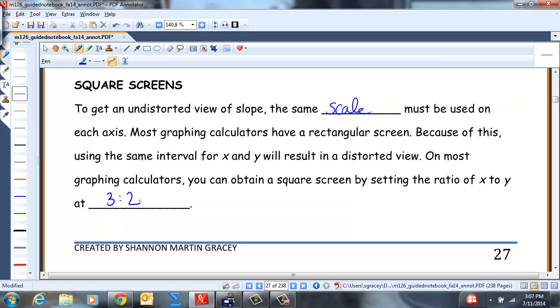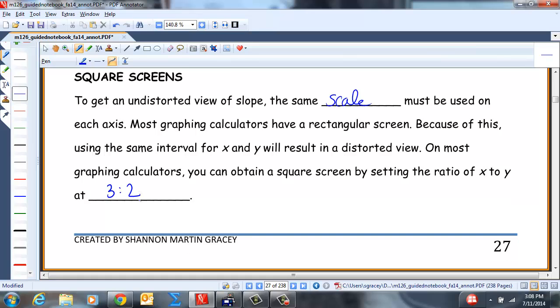So let's see what we have going on with this. We can do an exploratory problem where we'll be sure we set our window so that we'll have a square screen. There's also a zoom feature that lets you zoom to square, but let's go ahead and just set our own screen.